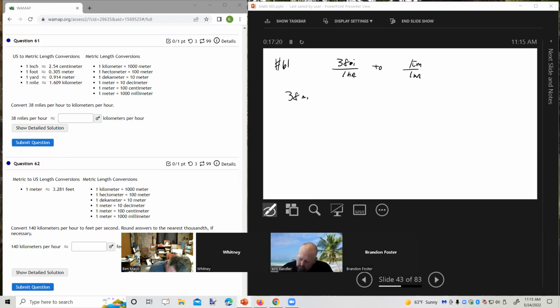So 38 miles per hour. 1 mile is 1.609 kilometers. So we take 38 times 1.609, and we get 61.142.